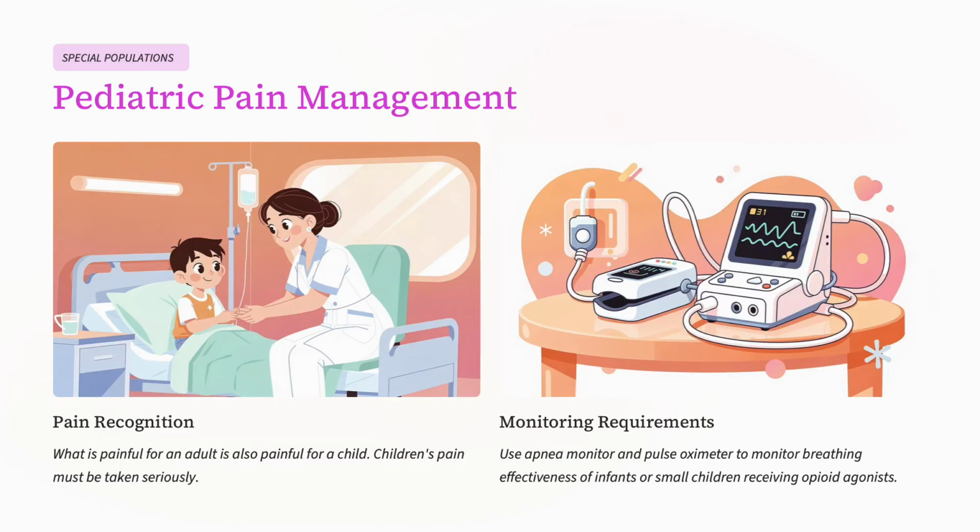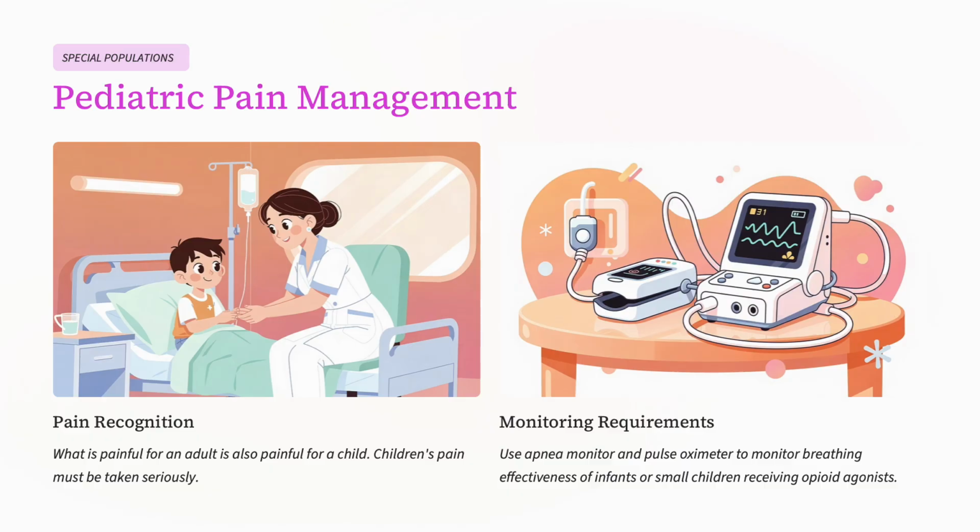For kids, for pediatrics, sometimes it's harder to assess a pain scale for a child, but we do have specific pain scales for children. So make sure that we use them, make sure that we are taking pain seriously in a child, and make sure that we are monitoring them.